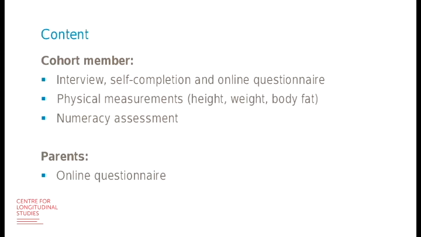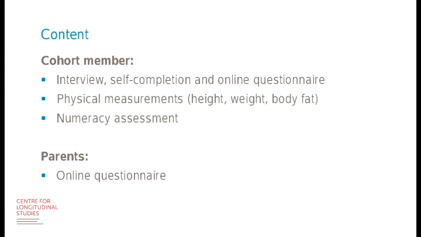They'll be completing a face-to-face, a self-completion, and an online questionnaire. And as usual, we'll have physical measurements, so height, weight, and body fat, as we've collected at most sweeps. And the cognitive assessment at MCS 7 is going to be a numeracy test. The parents will participate, but they'll be completing a shorter online questionnaire.